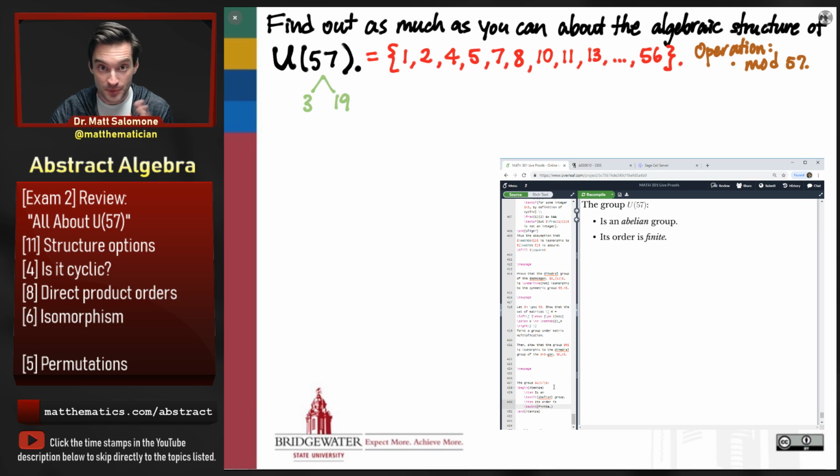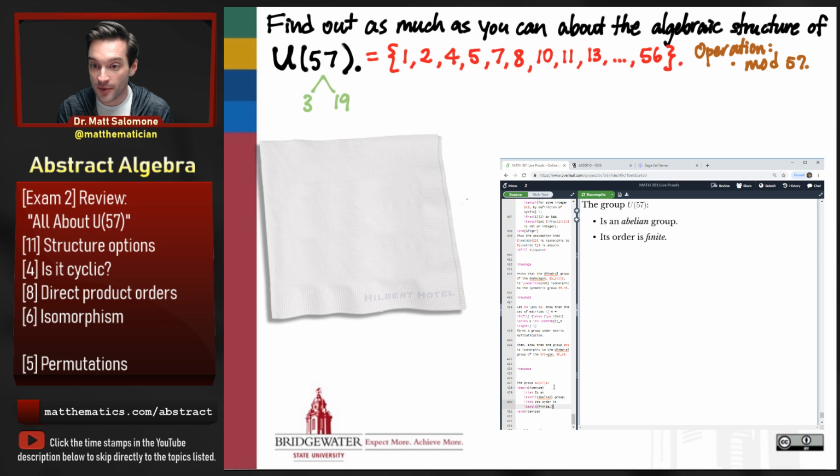And maybe now is a good time to actually figure out what the order of this group is. And this is a topic that we wrestled with back in standard number 4. So this is a good review for that particular piece. So let's get out a cocktail napkin here, sort of drop it down on the screen, and figure out how do I determine the number of elements in U57. Order of U57.